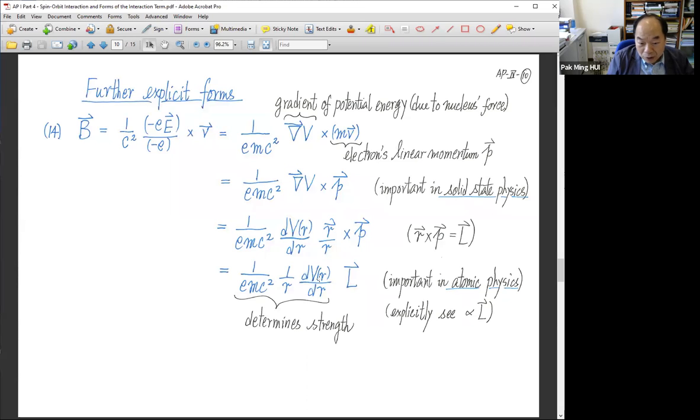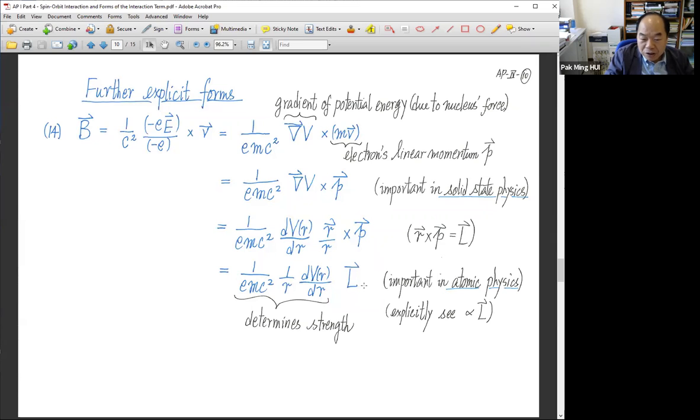And also you need a gradient going in the radial direction, and then you have the magnetic field proportional to the orbital angular momentum. Okay, so that backs up our story.